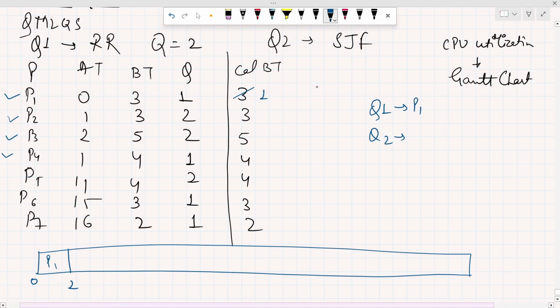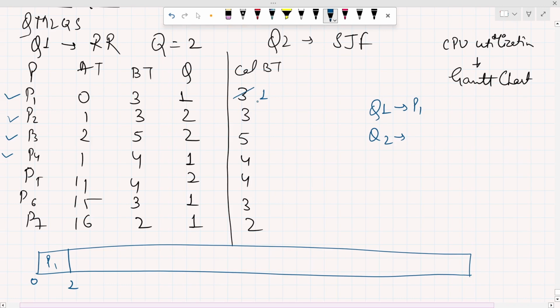So our next step is writing which process is in which queue. But to write that, first of all we need to complete P1, because some burst time is left for P1. In a round robin scheduling algorithm, if burst time is left for a particular process, then we have to write that process again.